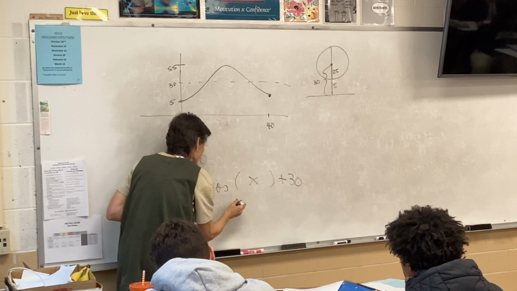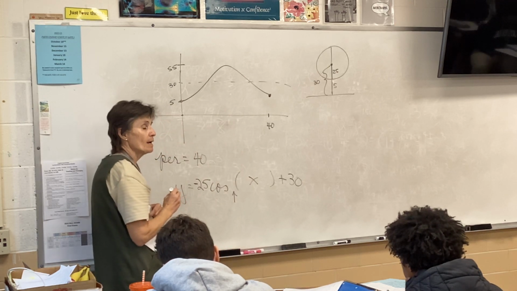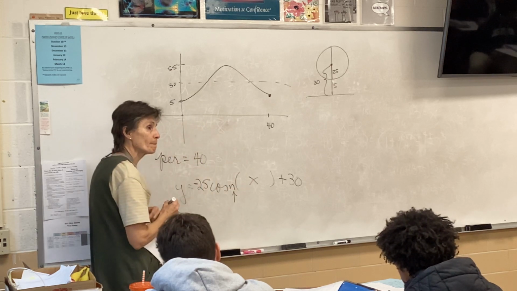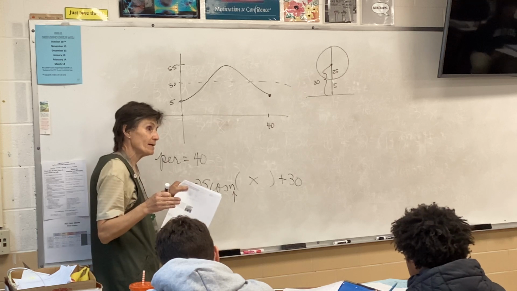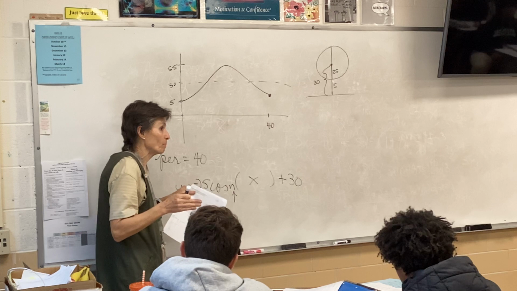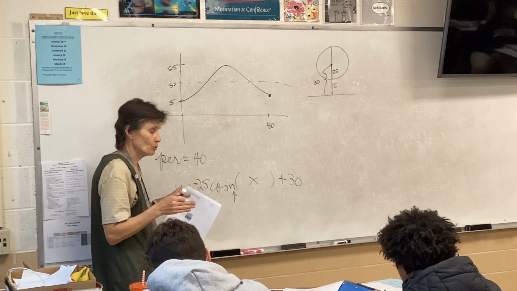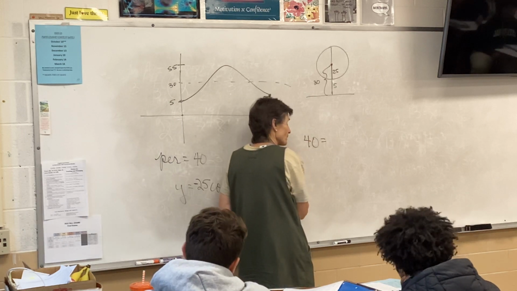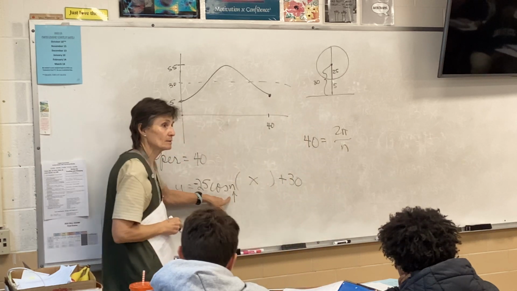Now, this number right here, I don't know what it is. But I know that whatever it is, I'll call it n for the time being. Whatever it is, it divides the normal period. What is the normal period for a cosine? 2 pi. So my period is 40, which is 2 pi divided by this number.